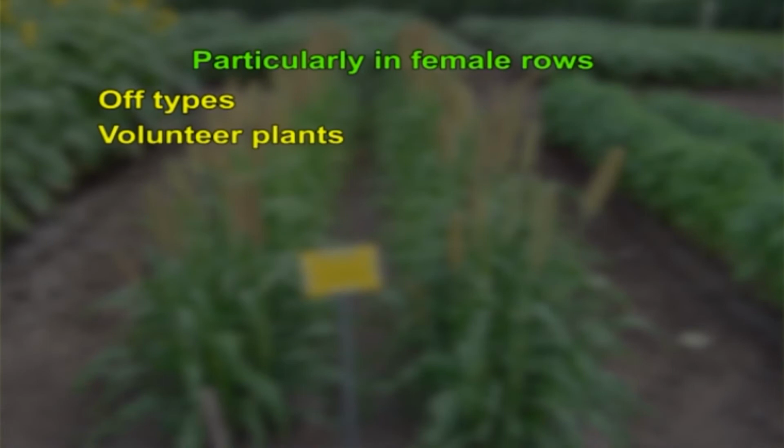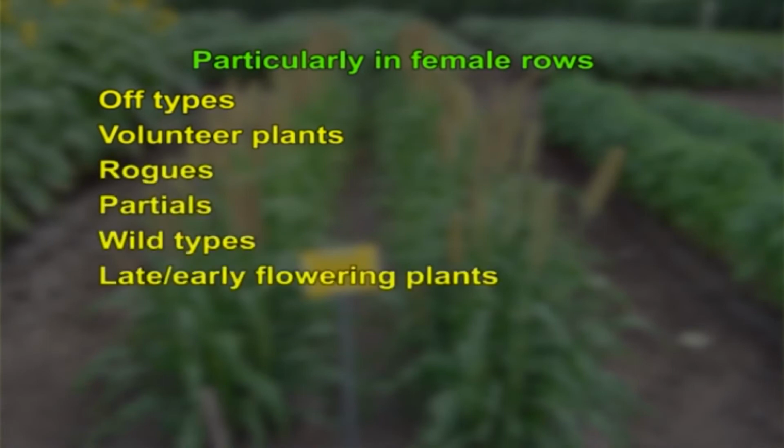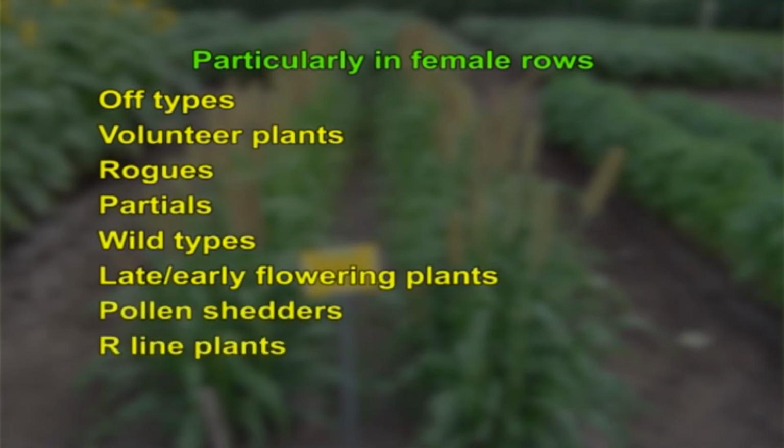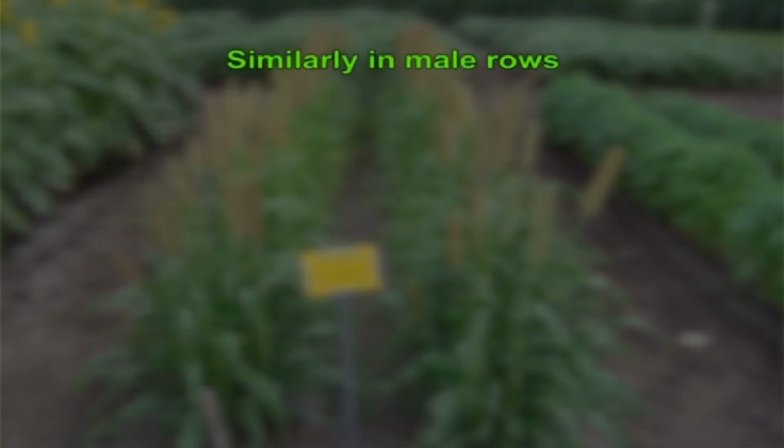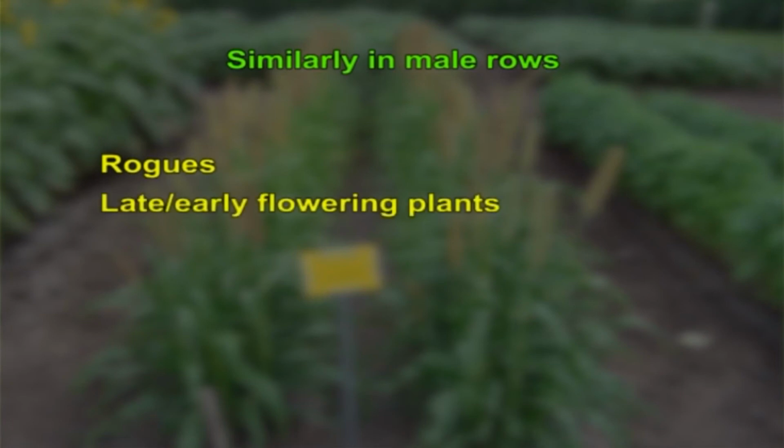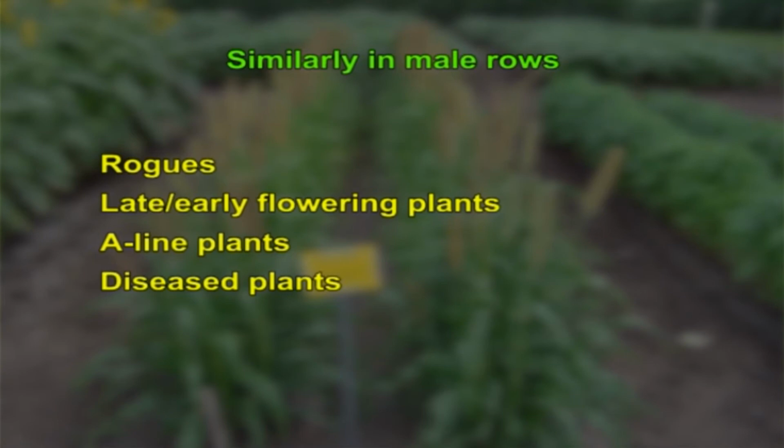Particularly in female rows, off types, volunteer plants, rogues, partials, wild types, late or early flowering plants, pollen shedders, R line plants and diseased plants are to be identified and carefully removed. Similarly, in male rows, rogues, late or early flowering plants, A line plants and diseased plants have to be rogued out.